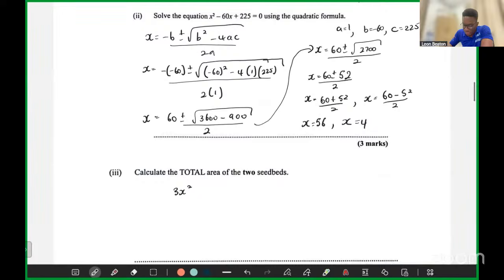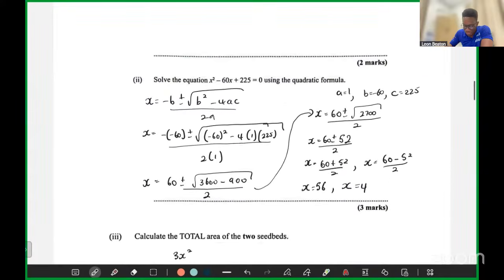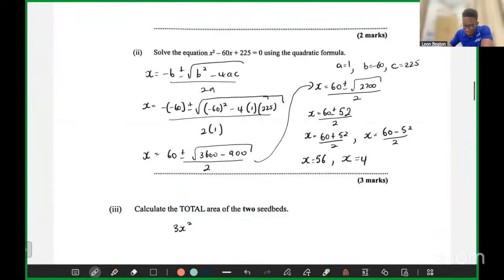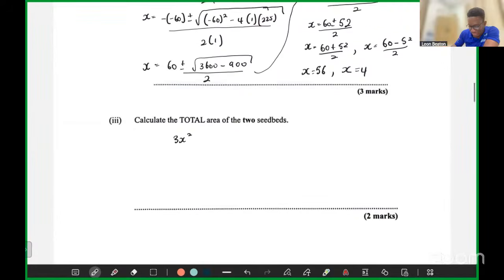so let's use our values here to get the total area for the 2 seat beds. I wonder which values we use. Both of them are positive. Did I do something wrong? My answers are correct. So hence calculate the area of the 2 seat beds. Which values do we use, the 56 or the 4?